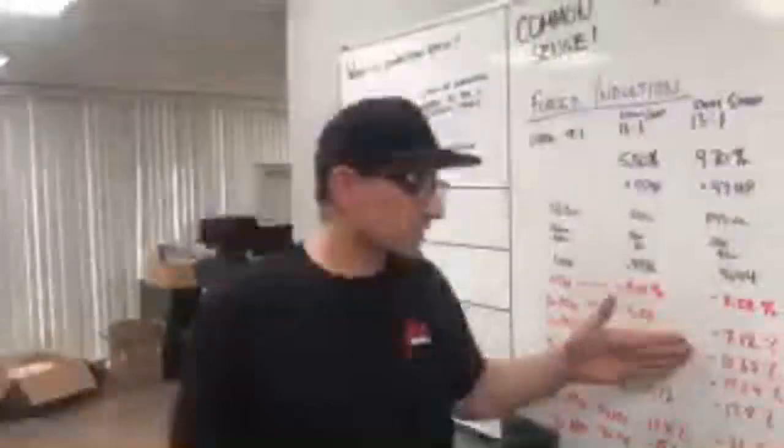Essentially, what's happening is because you lost this space here by trying to raise the compression ratio, you've lost the amount of space you have to cram your fuel and air in. And the higher the boost pressure you would have run, the more it's going to affect you.